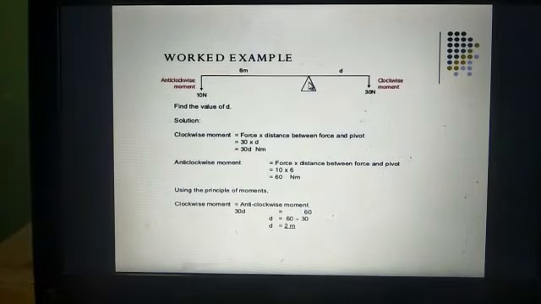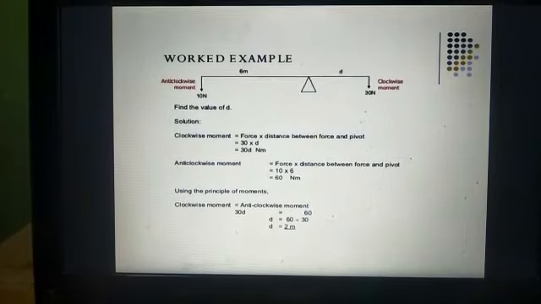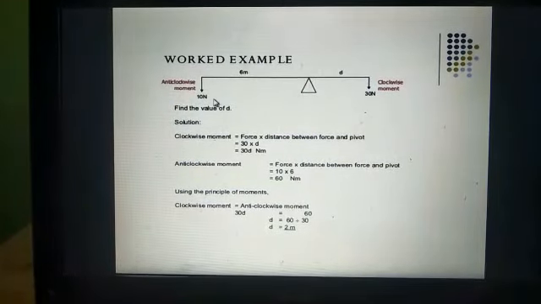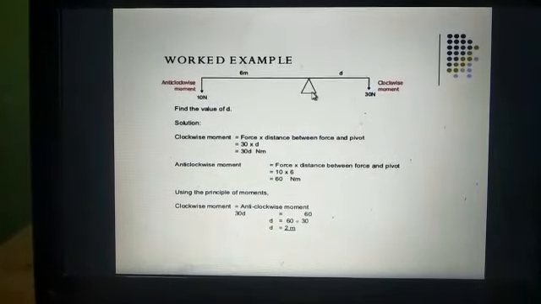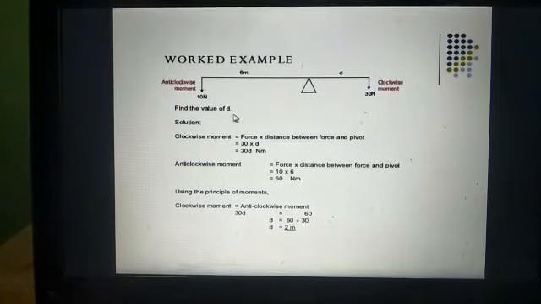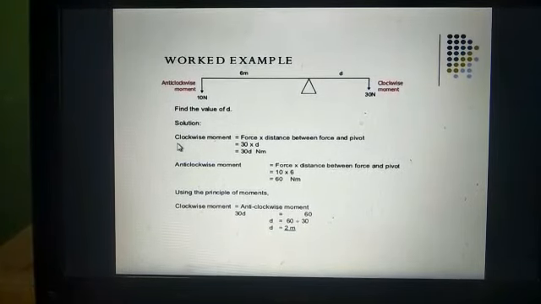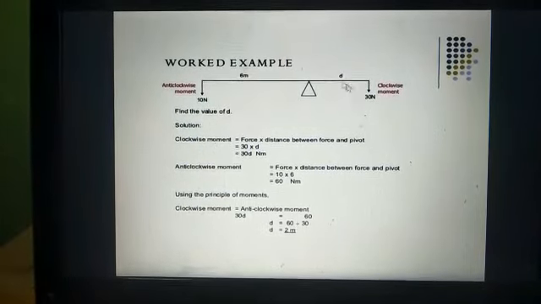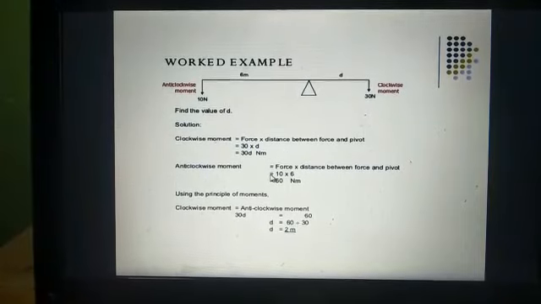This is the pivot and the distance between pivot and 30 Newton is D and the distance between 10 Newton and pivot is 6 meter. Find the value of D. First we calculate the clockwise moment, that is 30 times D Newton meter, and the anti-clockwise moment, that is 10 times 6, equal to 60 Newton meter.